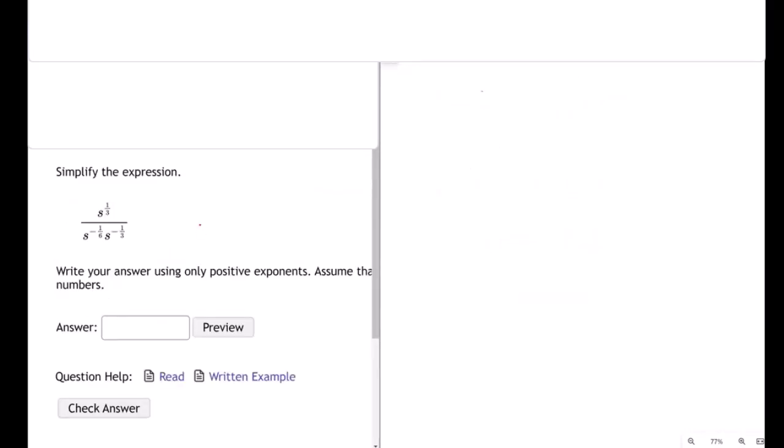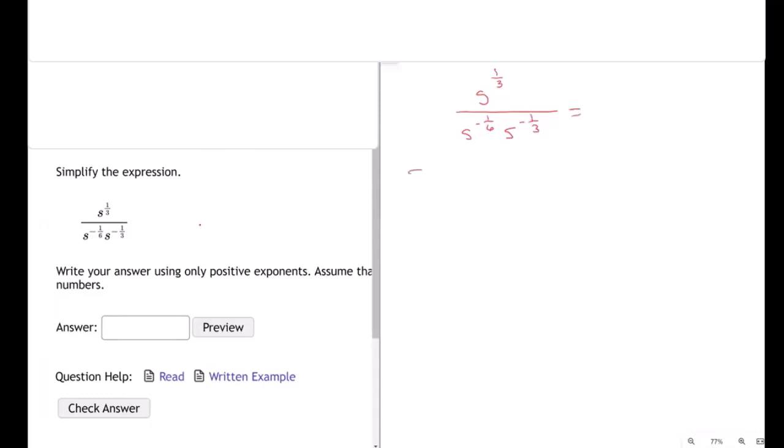I have s to the 1/3 power divided by s to the minus 1/6 power, s to the minus 1/3 power.